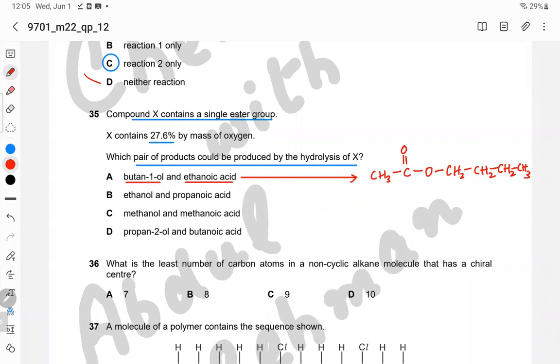ये part clear है सबको? इसमें कोई confusion है तो बता दीजिए। जी ये पॉइंट यहां तक क्लियर है सबको? तो अब अगर मैं इसका मॉलिक्यूलर फॉर्मूला बनाऊं तो क्या बनेगा?